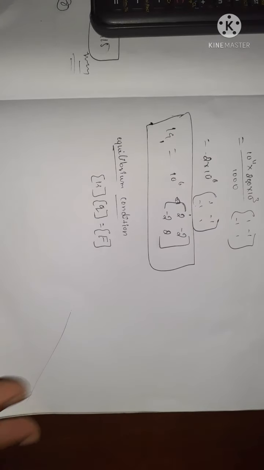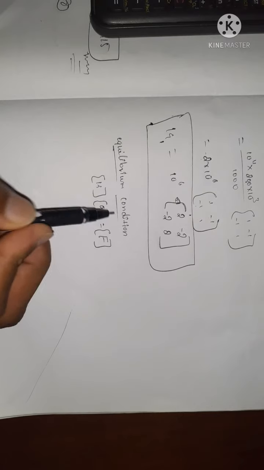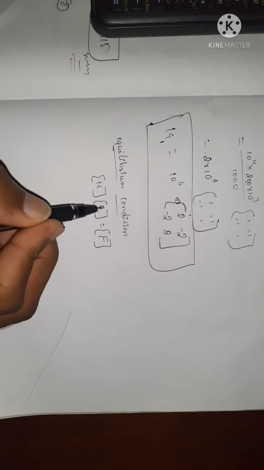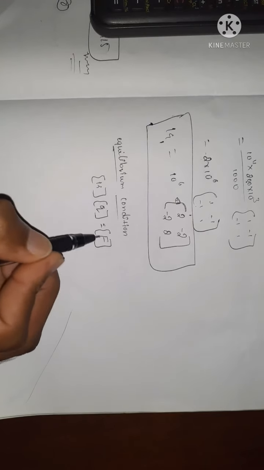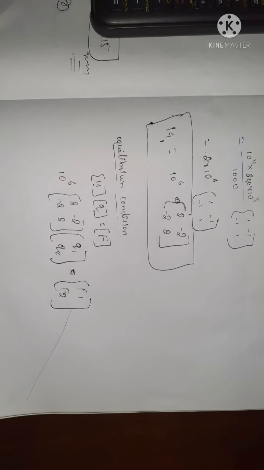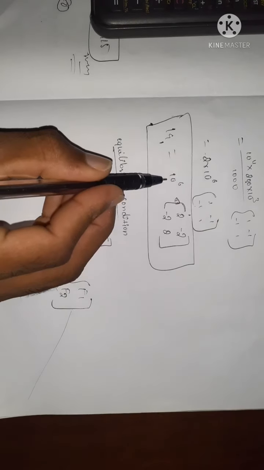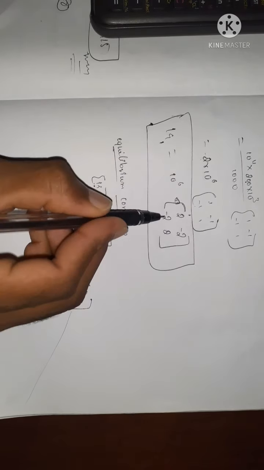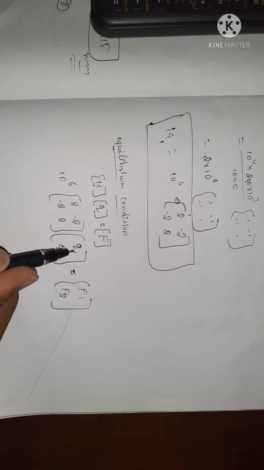To find Q, note the equilibrium condition, where K into Q equals F, the force. Note the K value, Q value and F value. K is 10 power 6 times [2 -2; -2 2], where Q equals Q1 and Q2.